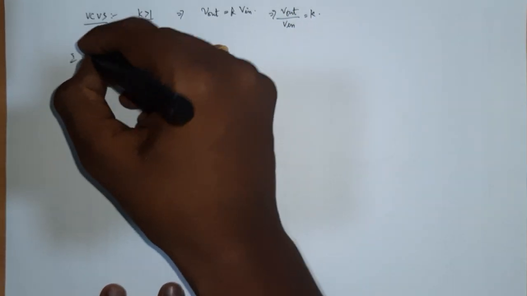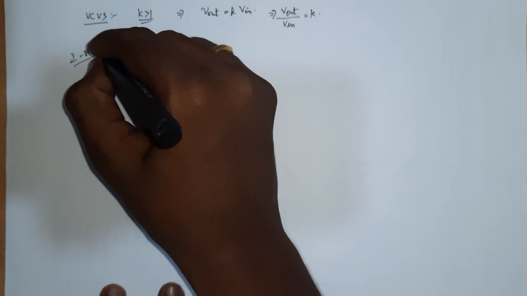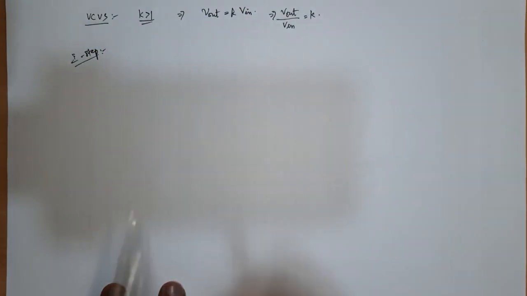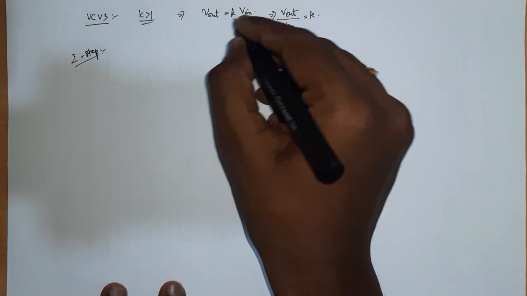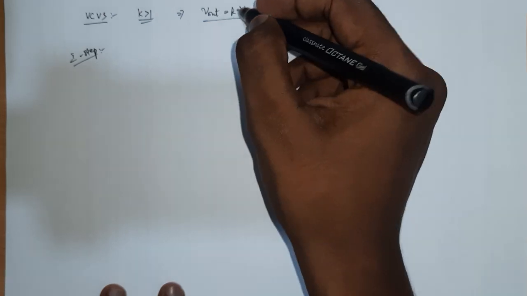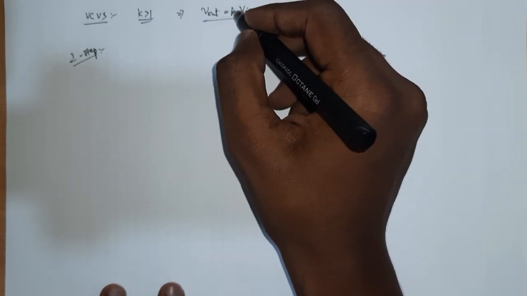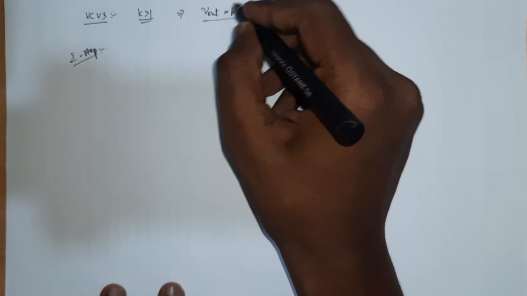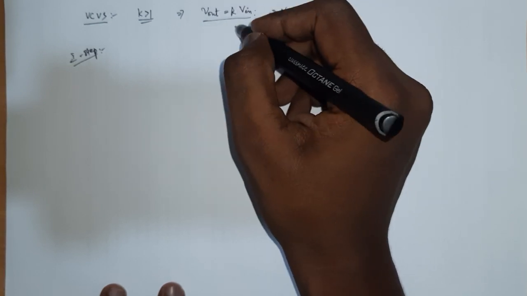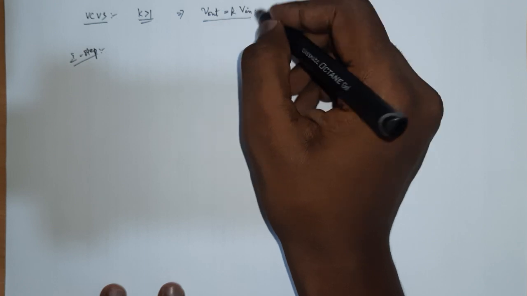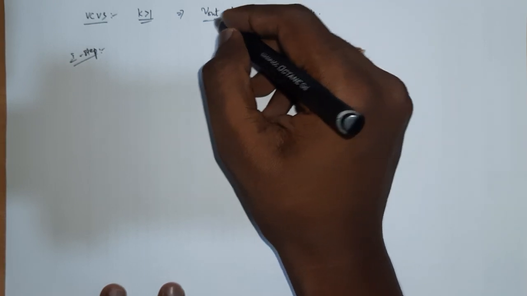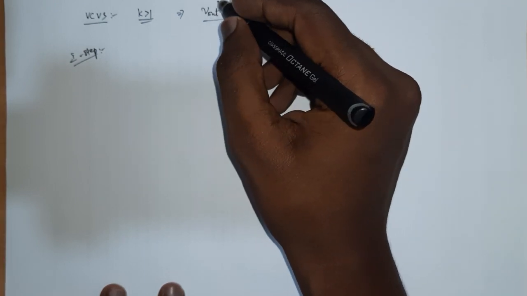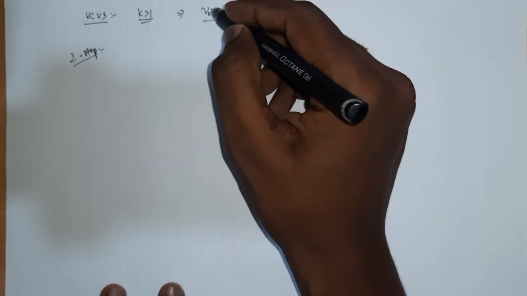So the first step is to figure out the equation, right? The equation is Vout is equal to k times Vin, and I know that I have to compare two quantities. As we discussed earlier, k times Vin is what I want eventually. I don't have a reference quantity of k times Vin as such, but it's always desirable to come up with a quantity of Vout by k.